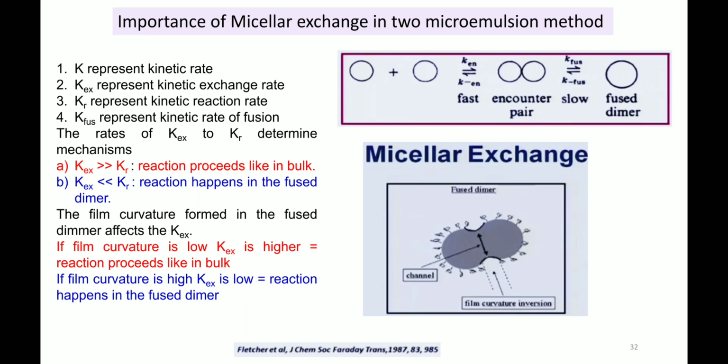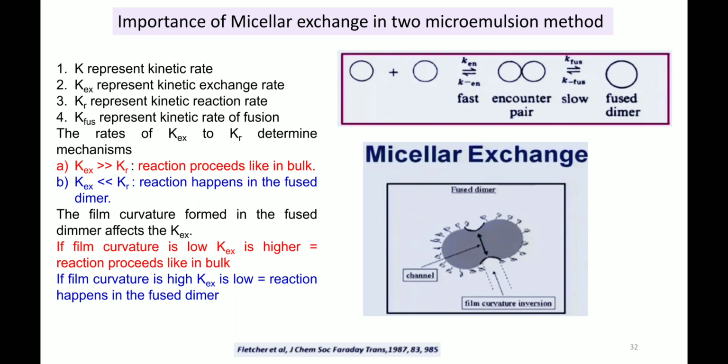So this is an important task, where whether you are getting multiple nanoparticles in a fused dimer, or a single nanoparticle in a fused dimer, depends upon the K exchange and K reaction rates.